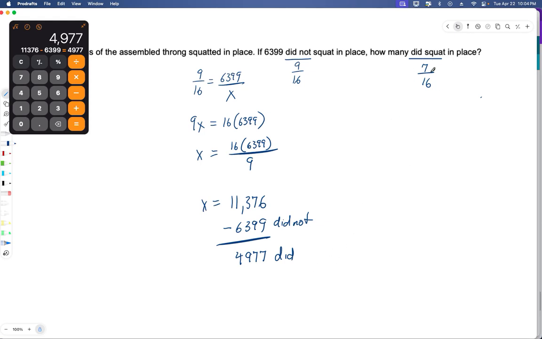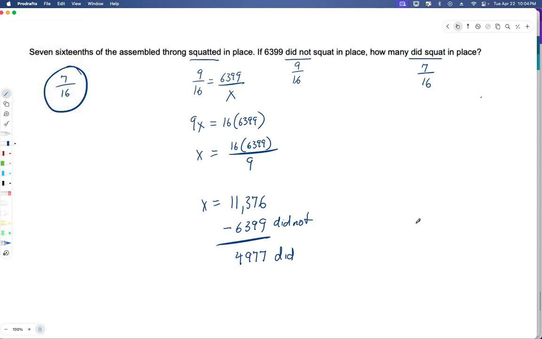That should be your 7 over 16. That's 7/16 that did squat in place. Okay, so there's that problem. It's just a little bit of a logic problem. The math itself is just a proportion. We know how to do those. You just have to figure out what the question is actually asking for in order to answer it appropriately.